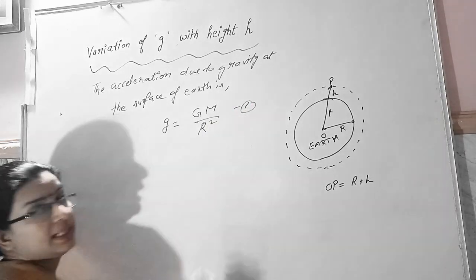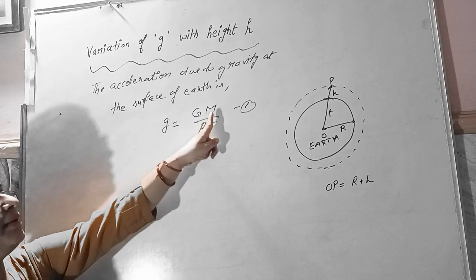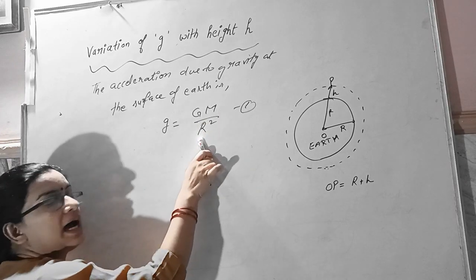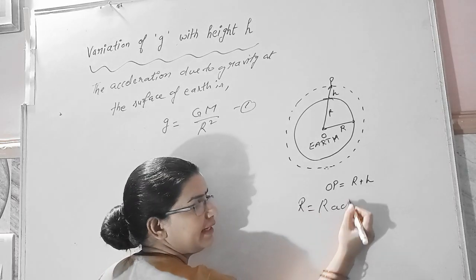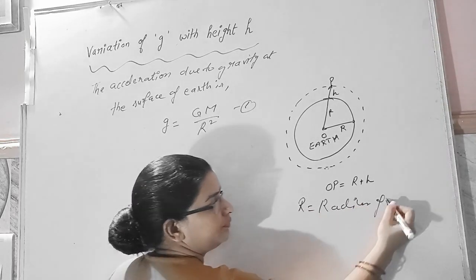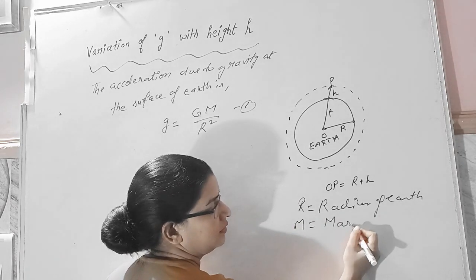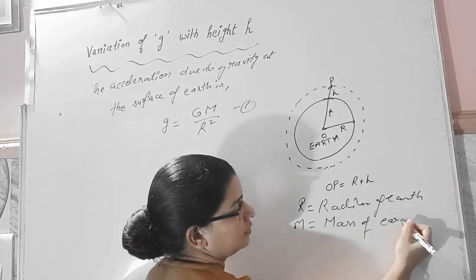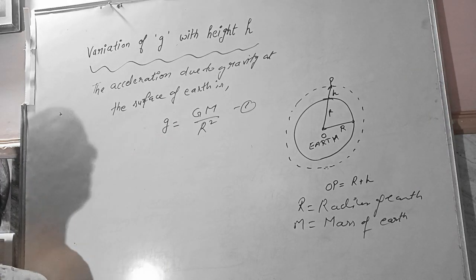This capital G is the universal gravitational constant, this M is the mass of the Earth and R is the radius of the Earth. Okay, I will write it here, beta. That R is the radius of Earth, and this M is the mass of Earth. Fine. So small g is equal to G M by R square.